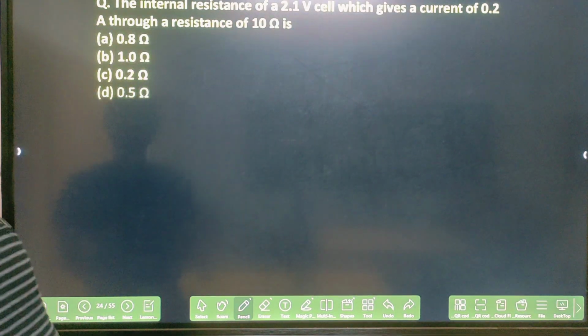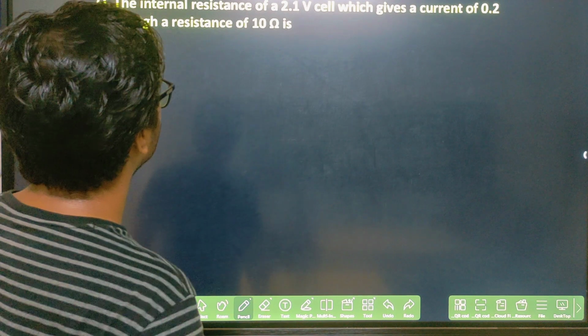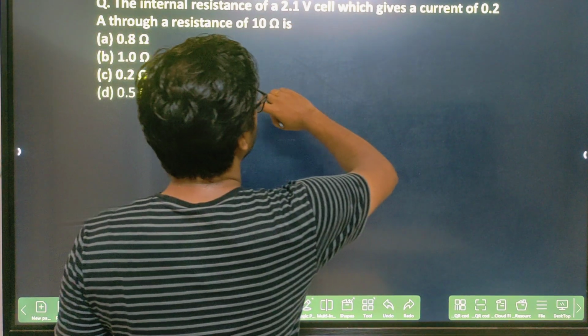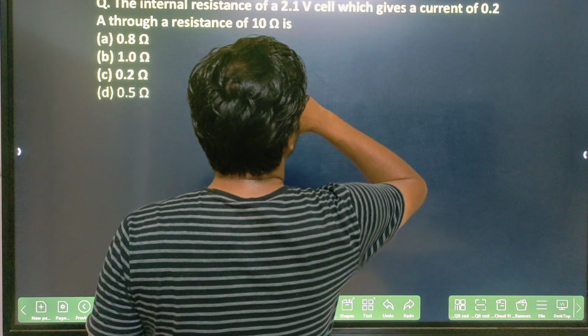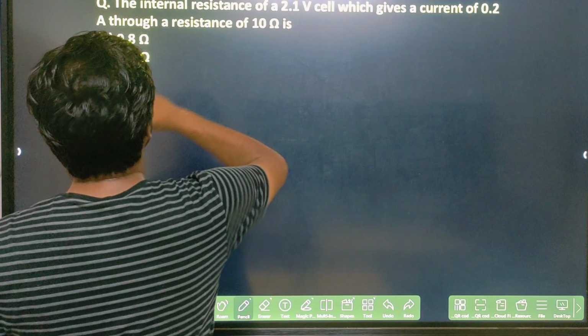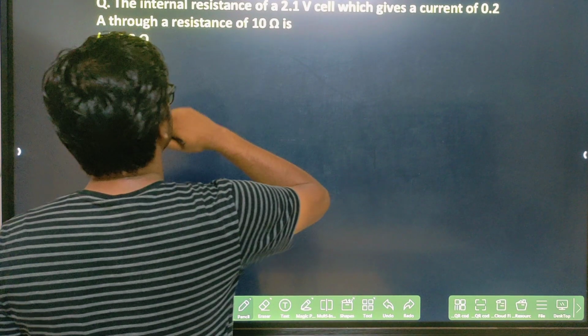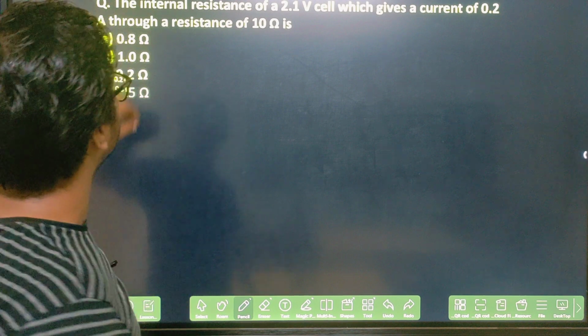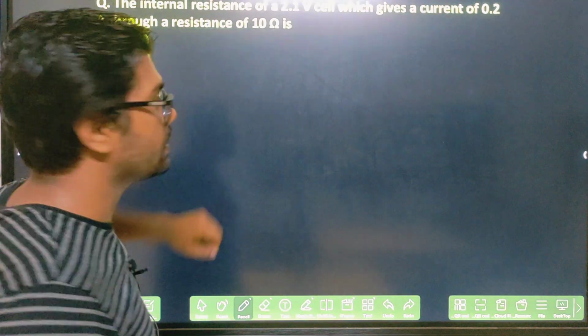Now next question: the internal resistance of a 2.1 volt cell which gives a current of 0.2 ampere through a resistance of 10 ohm each. So you have to find out the internal resistance of the cell, right?